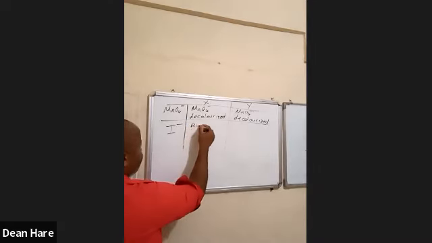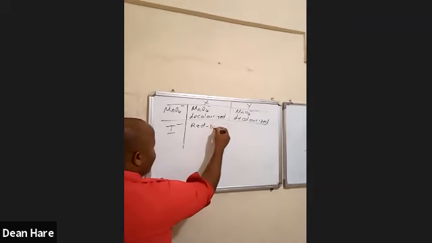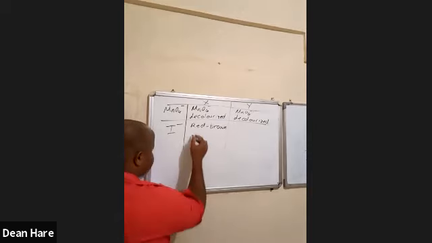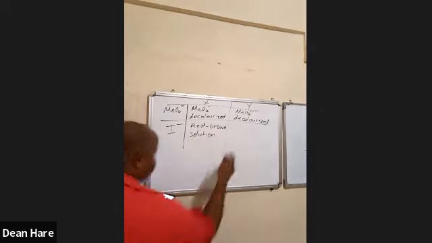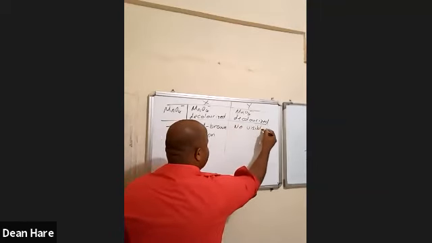And for this one, with the iodide ion, we get a red-brown color. All right. So red-brown solution. And in this one, no visible change.